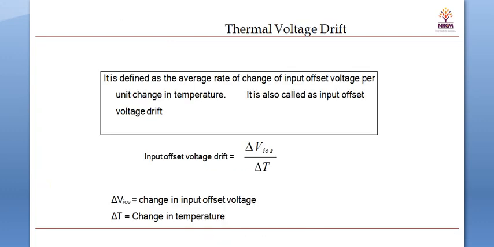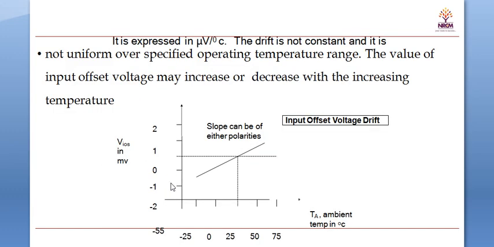Let us take the first drift, thermal voltage drift. It is defined as the average change of input offset voltage per unit change in temperature, and is called the input offset voltage drift. At room temperature the input offset voltage is 0; as you increase the temperature, the input offset voltage increases, and if you decrease the temperature, it decreases.